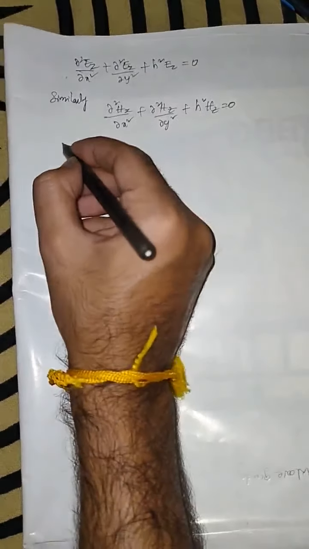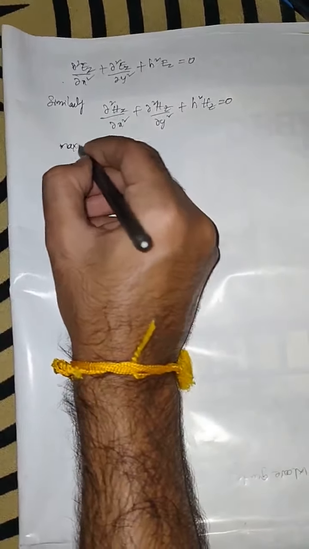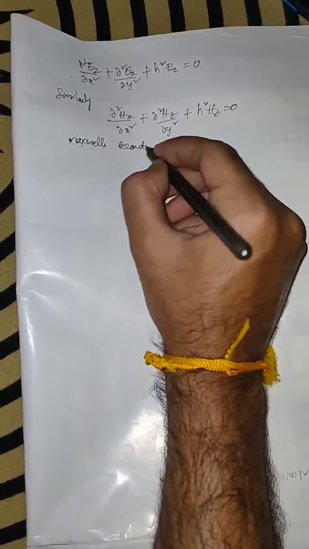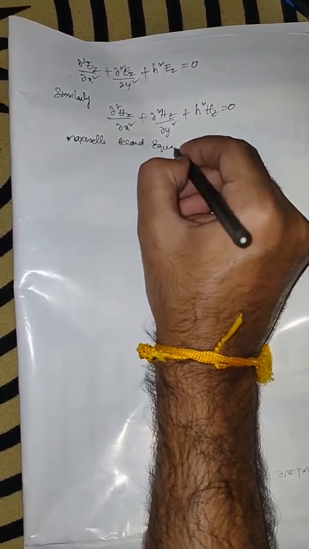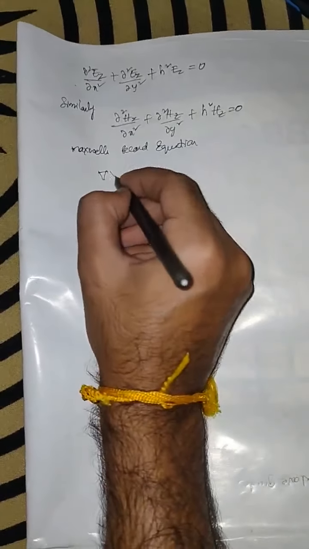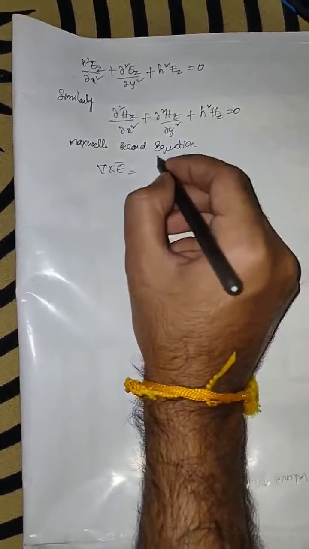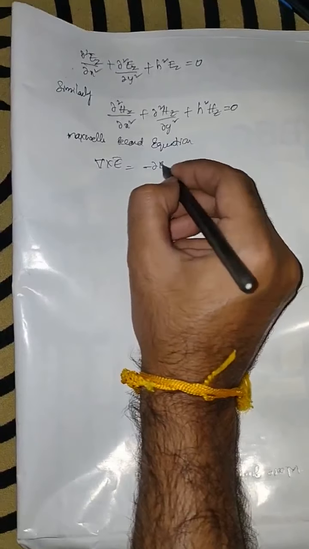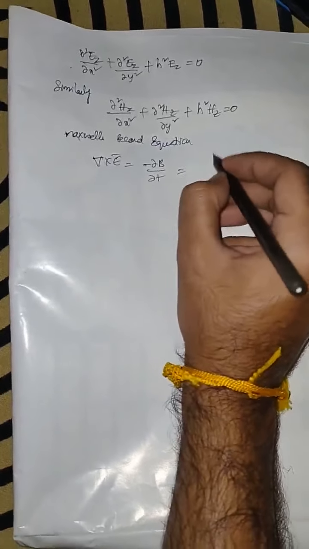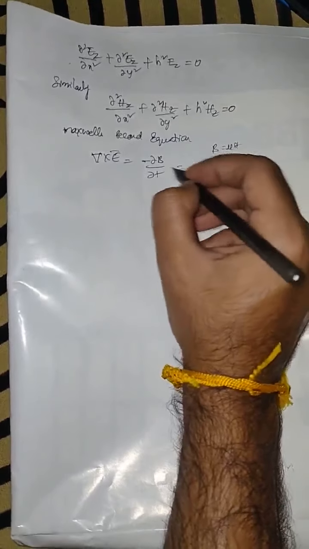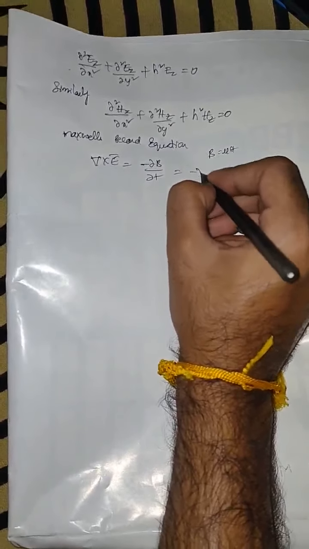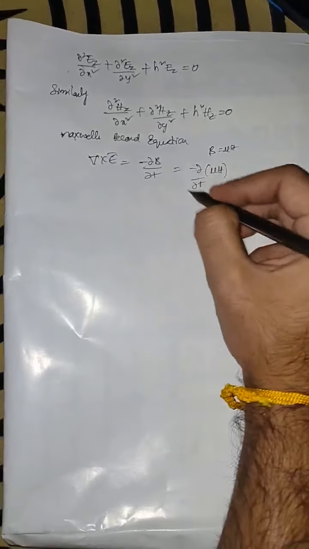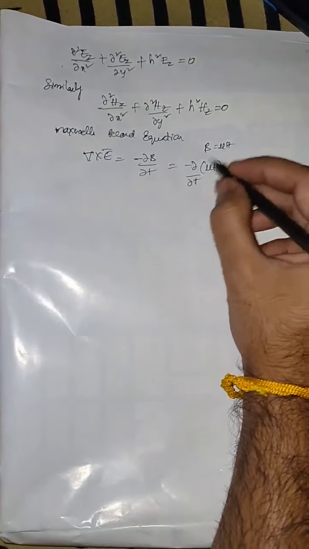Okay, so now from Maxwell's second equation, which is nothing but curl of E bar in the point form. Curl of E bar is equal to minus ∂B̄/∂t. If you substitute B equal to μH in this particular equation, I get minus ∂/∂t of μH. This ∂/∂t can be written as jω, as we have already seen.